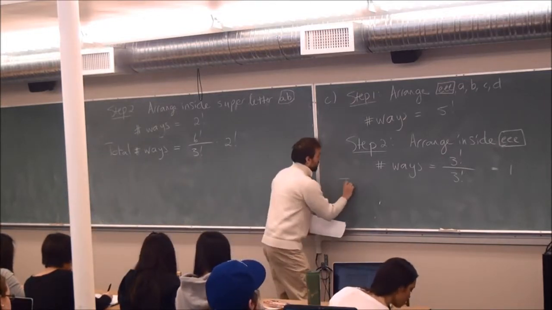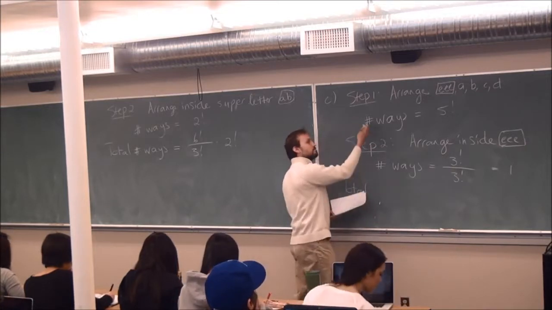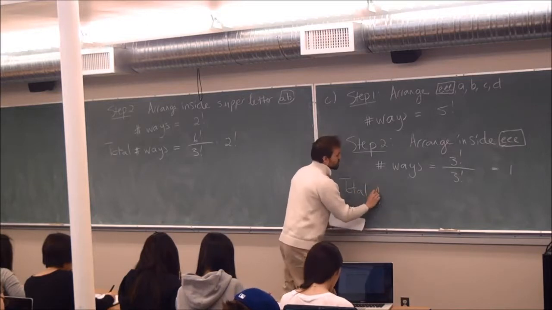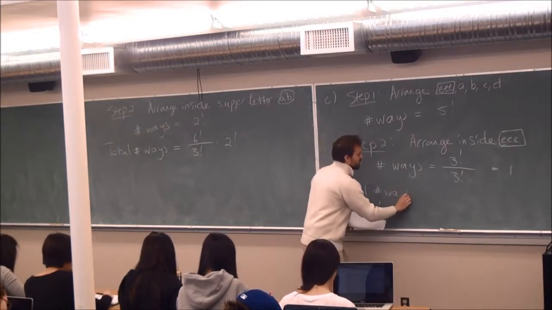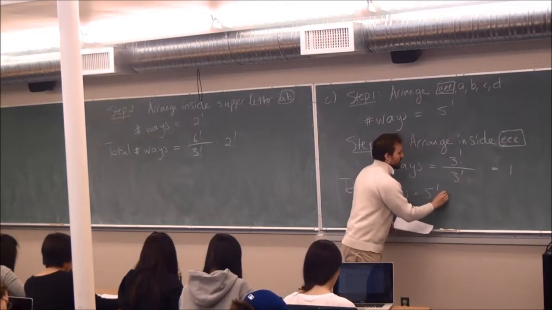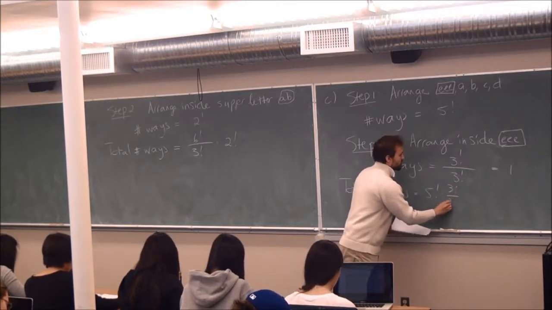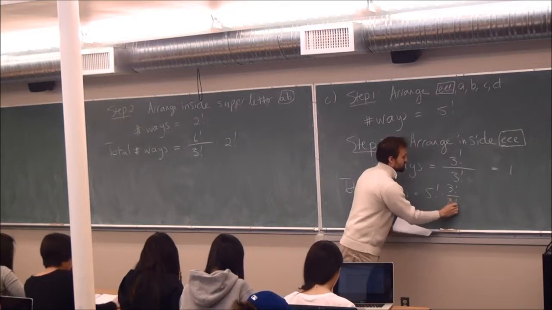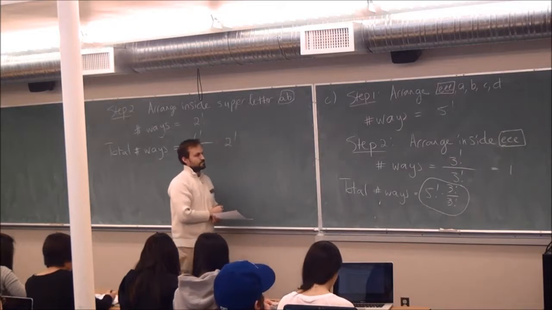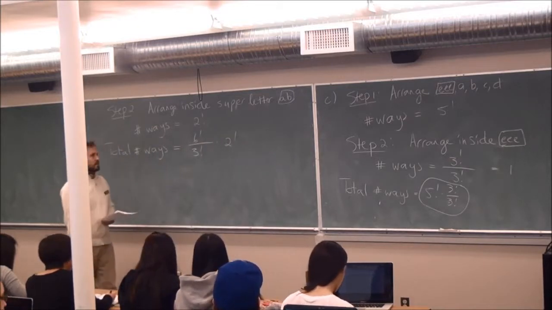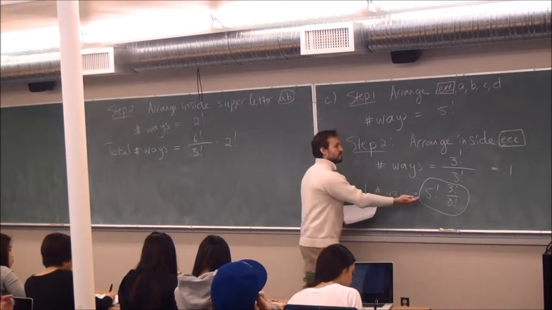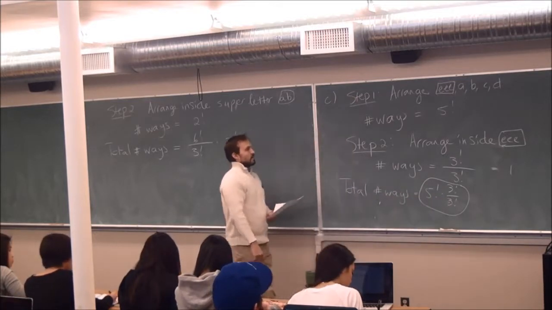So I can then say, well, I needed these 2 simpler steps on the way to completing my experiment. So the total number of ways to arrange these letters is 5 factorial times 3 factorial over 3 factorial. Let's put a little box around them. And again, you can write that in a different way. Depending on how you see step 2, you could write 5 factorial times 1.